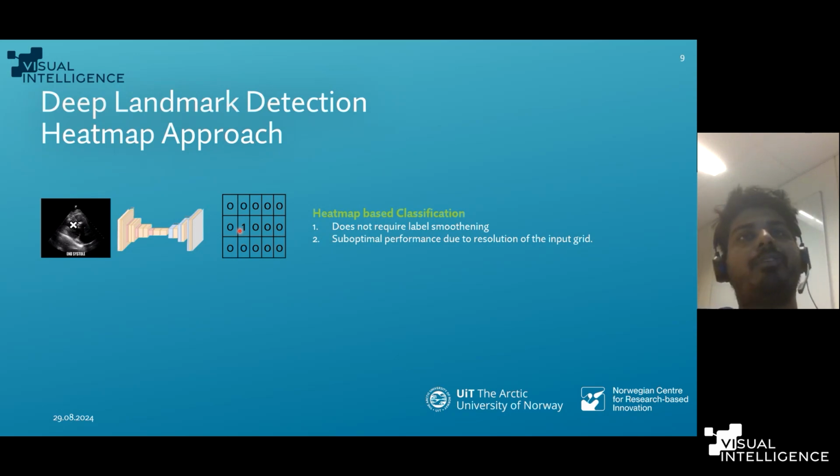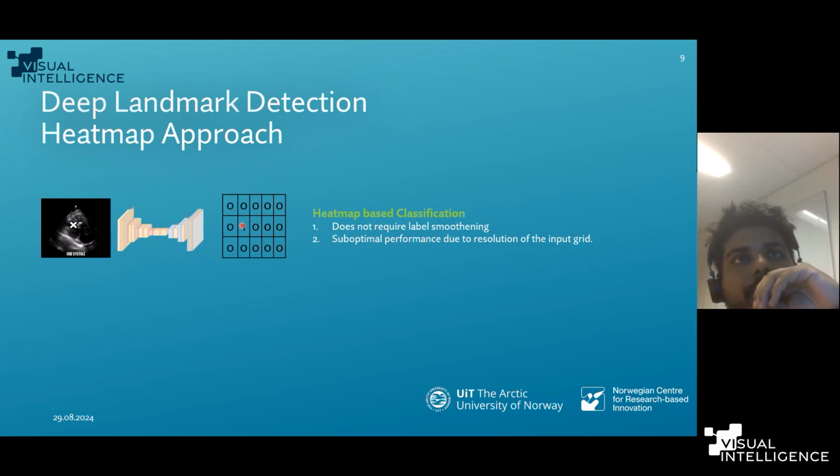But the problem with the classification based heat map approaches is that the location of the landmark highly depends on the granularity or resolution of the grid that we define to train the neural network on. And sometimes if we have very low resolution images or bad quality images, identifying a particular location and finding the exact landmark is difficult.